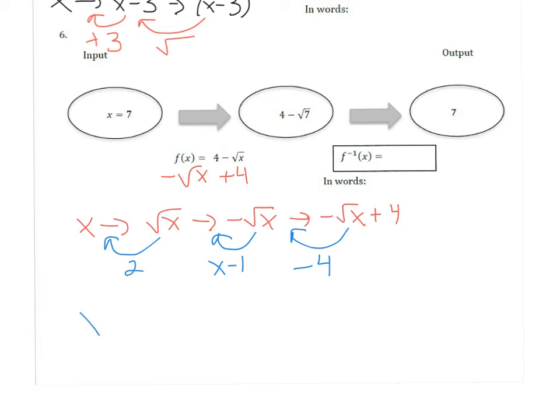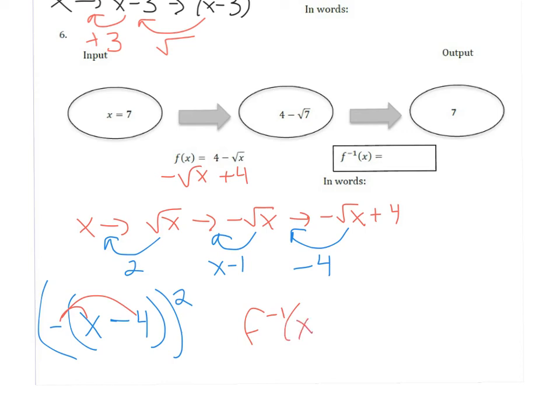So then that's going to be x minus 4 multiplied by negative 1, squared. So to make that look nicer, I'm going to distribute the negative on the inside, and I'm going to say that our inverse is negative x plus 4, squared.